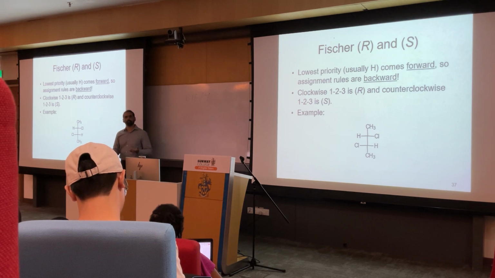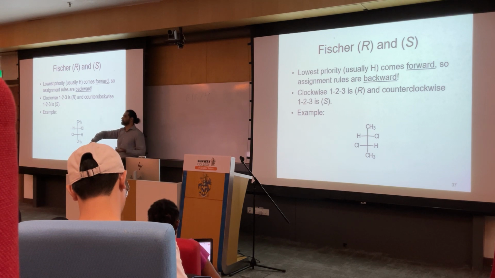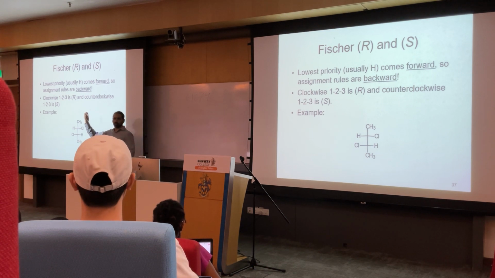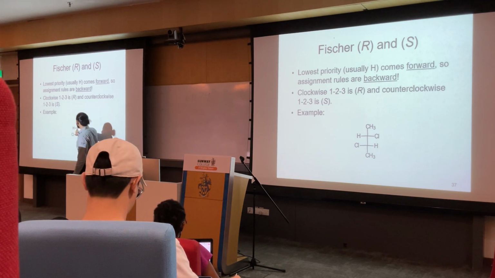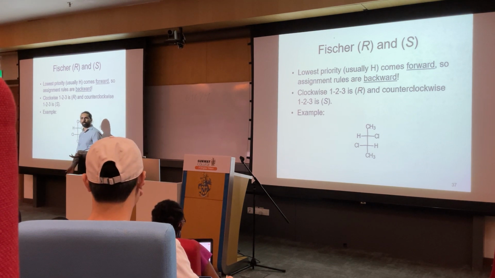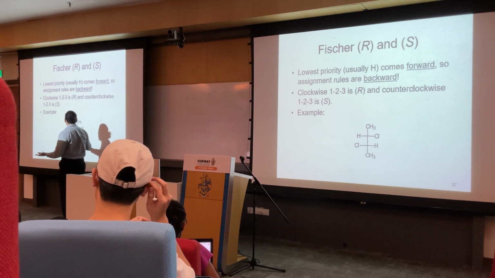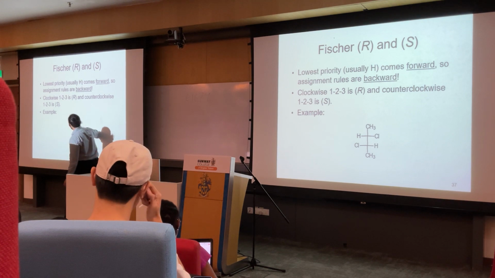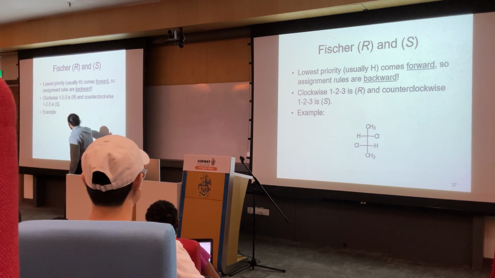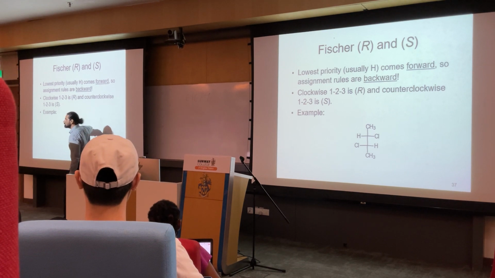Because hydrogen is horizontal, and horizontal means outside the plane. So when hydrogen is outside the plane, you have to reverse your answer, right? As per the previous rules as well. So in this case, hydrogen is horizontal, and horizontal simply means outside the plane. So it will be simpler. This is 1, this whole group will be 2, this will be 3. So 1 to 2 to 3 is clockwise.